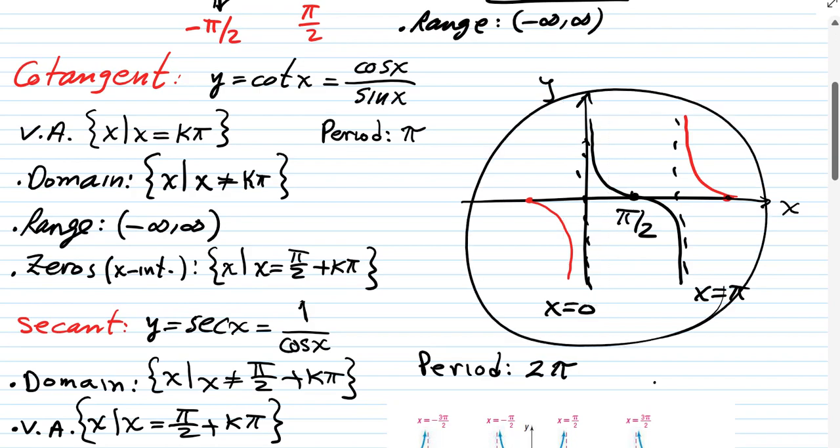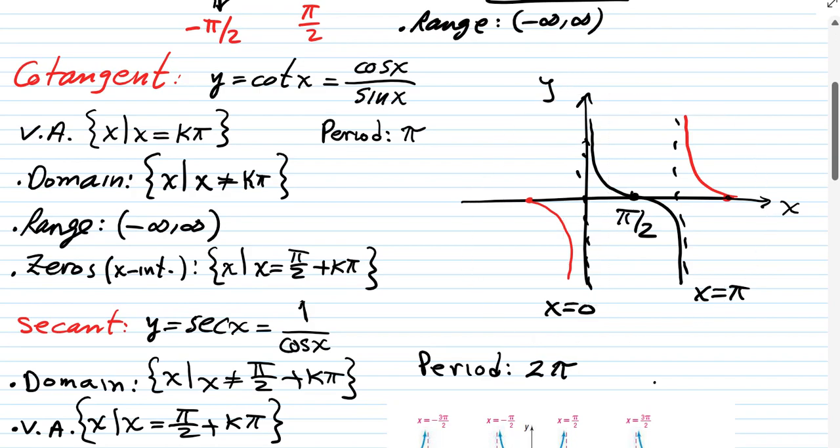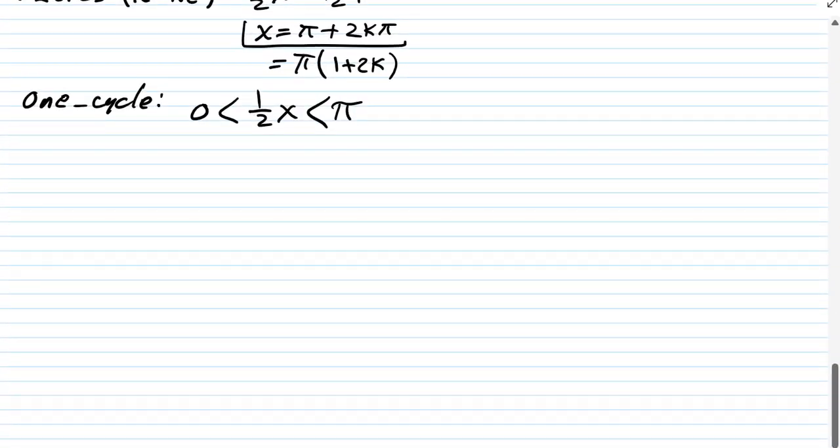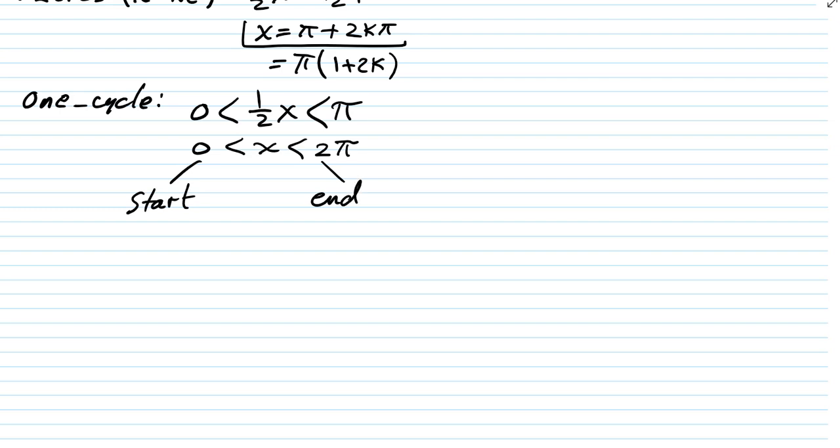Right in here, between 0 and pi. Good, and this is easy to solve. Multiply all parts by 2, so I get x is, there you have it. That gives me the start, again, starts at 0 and ends at 2 pi.